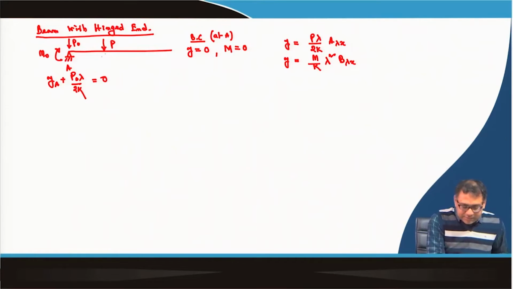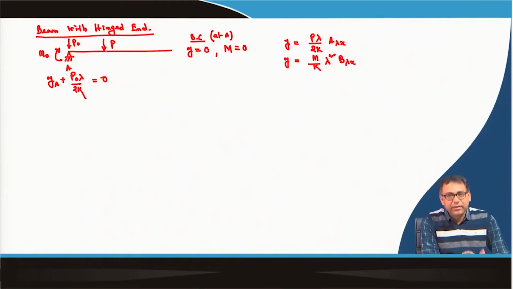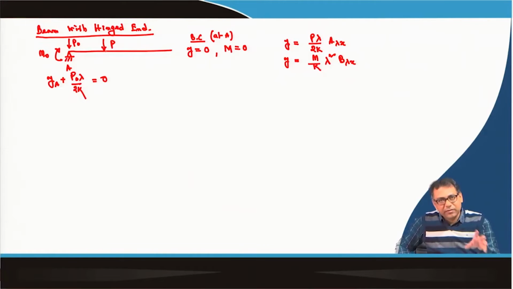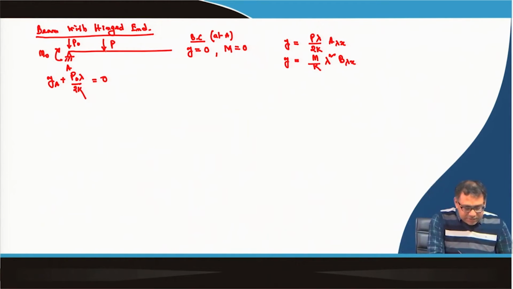So, that is why this M0 part will not come into the picture, because we have applied the end conditioning forces P0 and M0, and then we will get the deflection due to P0 and M0 at point A as well as the deflection due to the P. But here M0 is not considered, because B lambda x at x equal to 0 is 0. So, this is one condition. Similarly, now the moment is another condition.